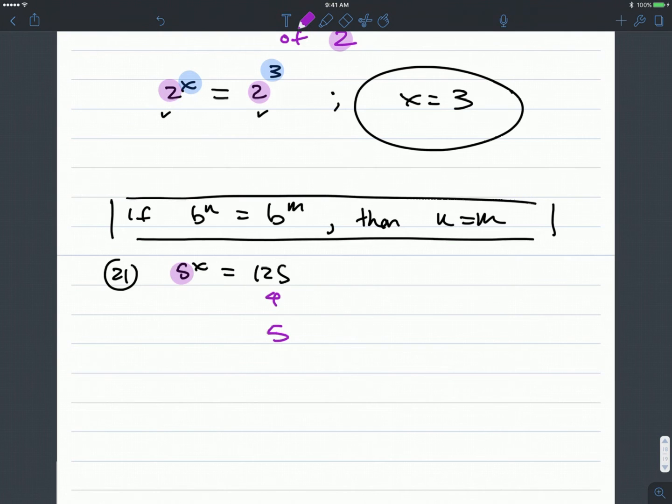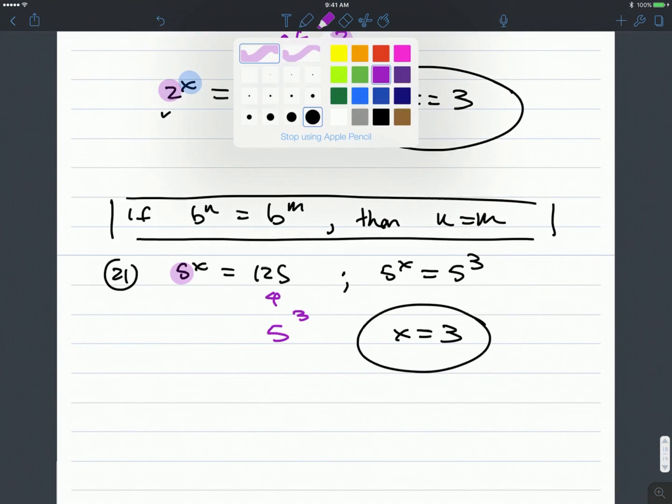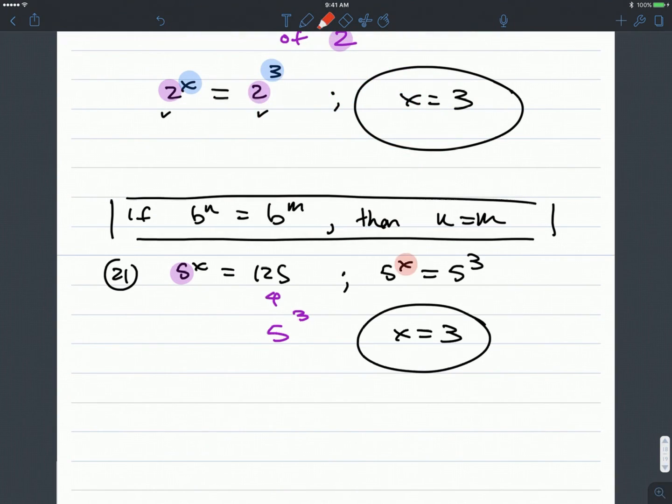What do you guys think? What's the power? 3. Good job. Pretty simple. 5 to the x is 5 to the third, and that means x has to be 3. Is that true? Here's my 3, here's my x. The power is 3. That's all we're saying. Pretty simple? Okay, notice it's just properties of exponentials.